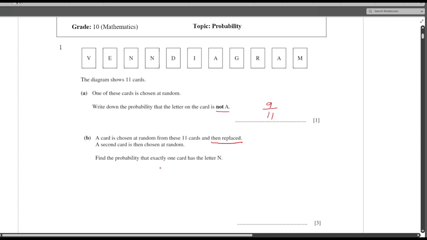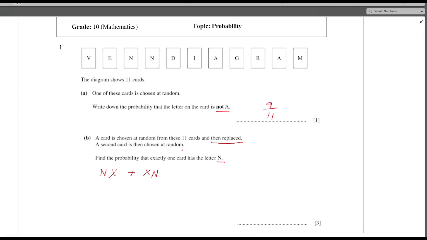It could be that your first card has letter N and the second card is any other letter, which I will consider as X, or you can have the first card as any other letter and the second card as N. We have to find the probability that exactly one card has the letter N.